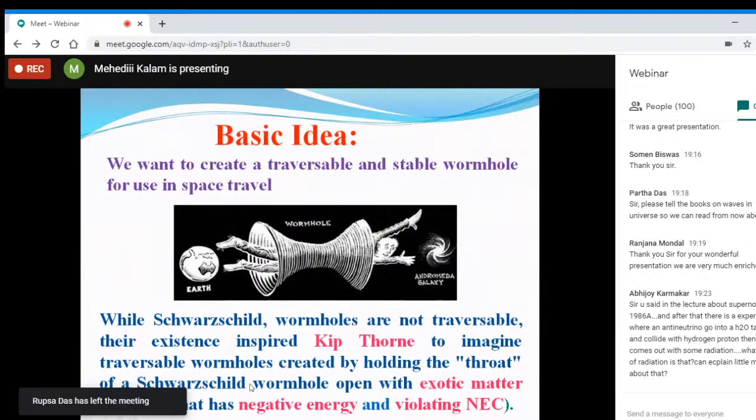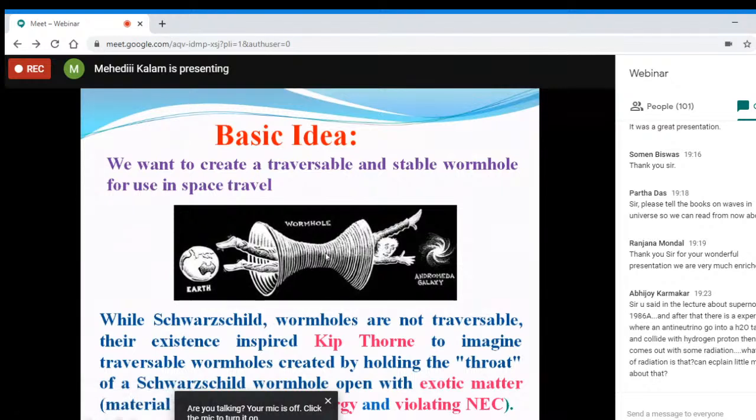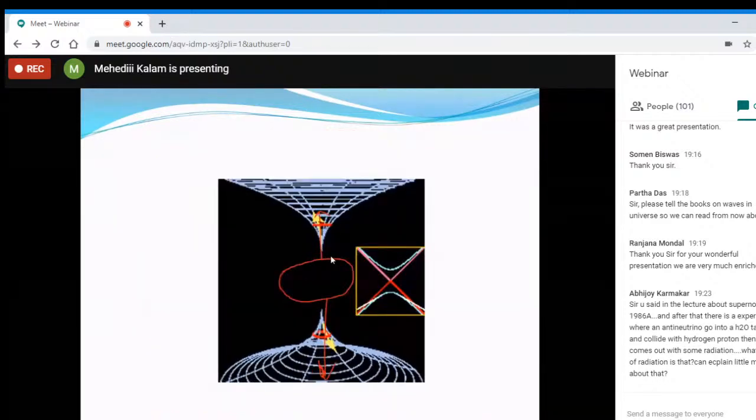The property is that it has negative energy and it violates the null energy condition. So it repels gravity. It is not ordinary matter, it is exotic matter. So if we place the exotic matter here, then the wormhole becomes a stable one.